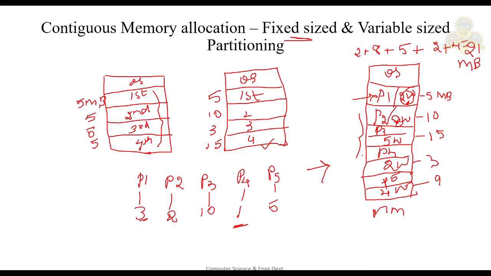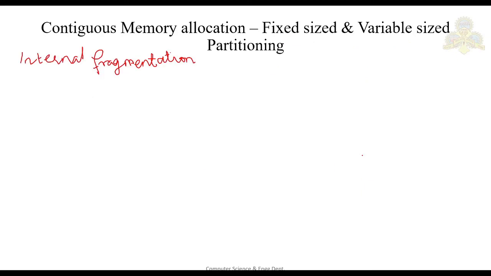Apart from that, we have one more disadvantage, which is called external fragmentation. Internal fragmentation is a disadvantage, and external fragmentation is also a disadvantage. I'll give you an example for this one.